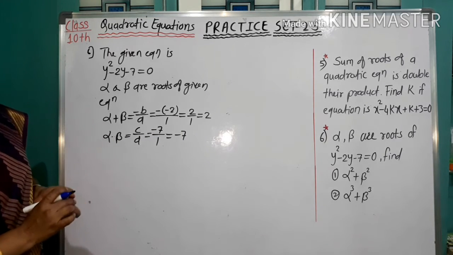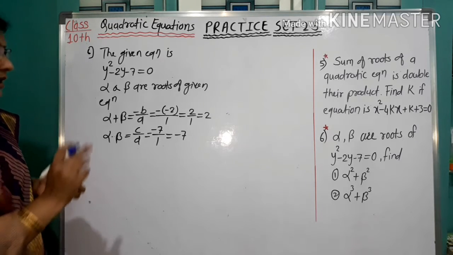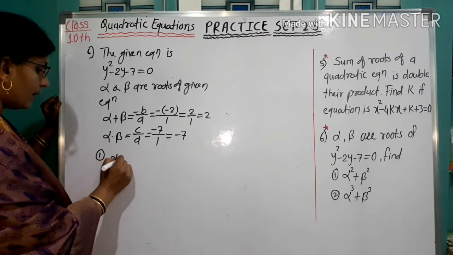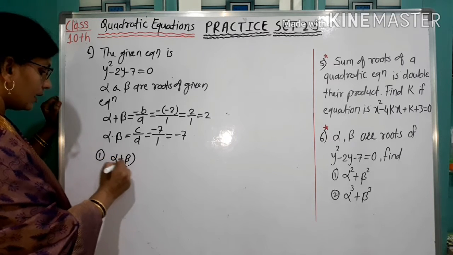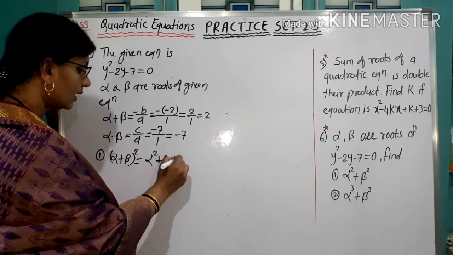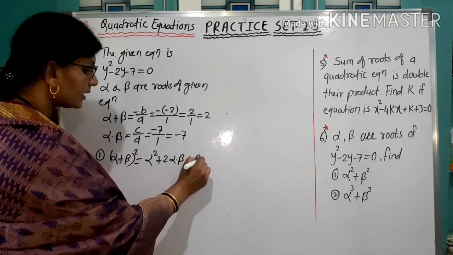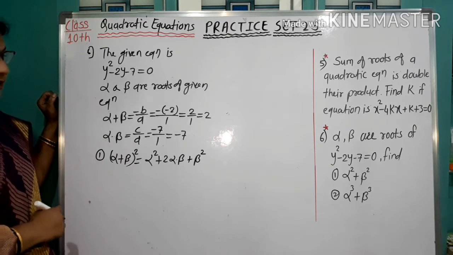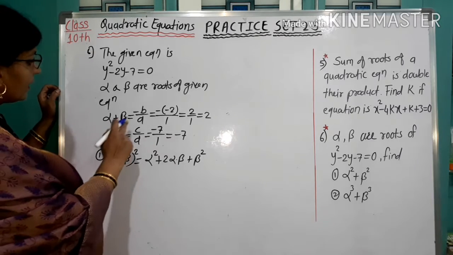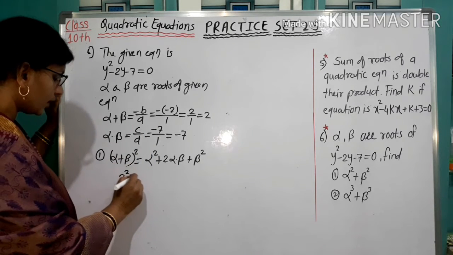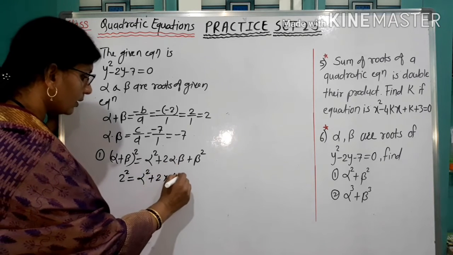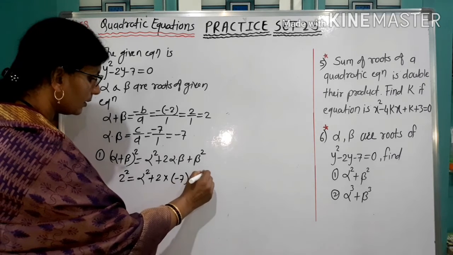Then first we find the value of alpha square plus beta square. We know the identity that (alpha plus beta) whole square equal to alpha square plus 2 alpha into beta plus beta square. Then put the values of alpha plus beta and alpha into beta in this. 2 square equal to alpha square plus 2 into minus 7 plus beta square.